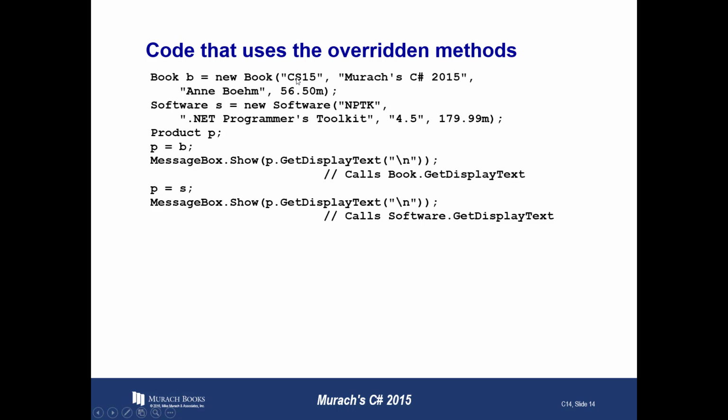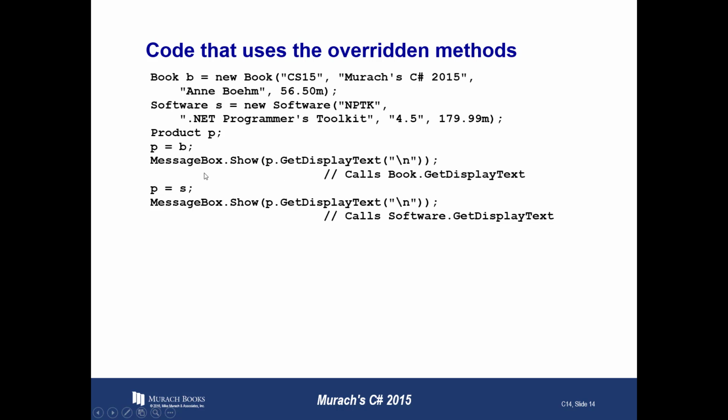So from product, it gets product code, product title, or I'm sorry, product description, product price, but it gets book author. Software gets product code, product description, and product price. It gets those from product, but from software it gets the version number. Hopefully those all make sense.